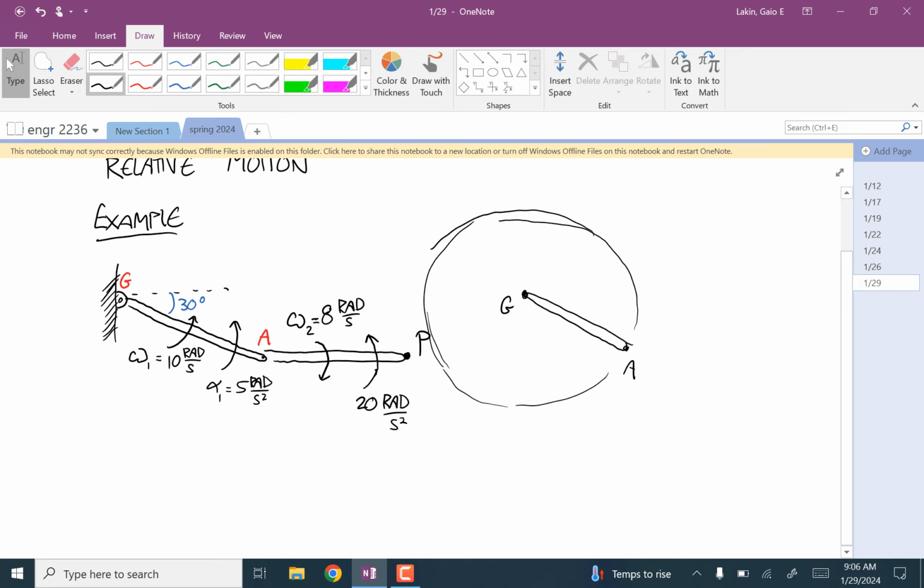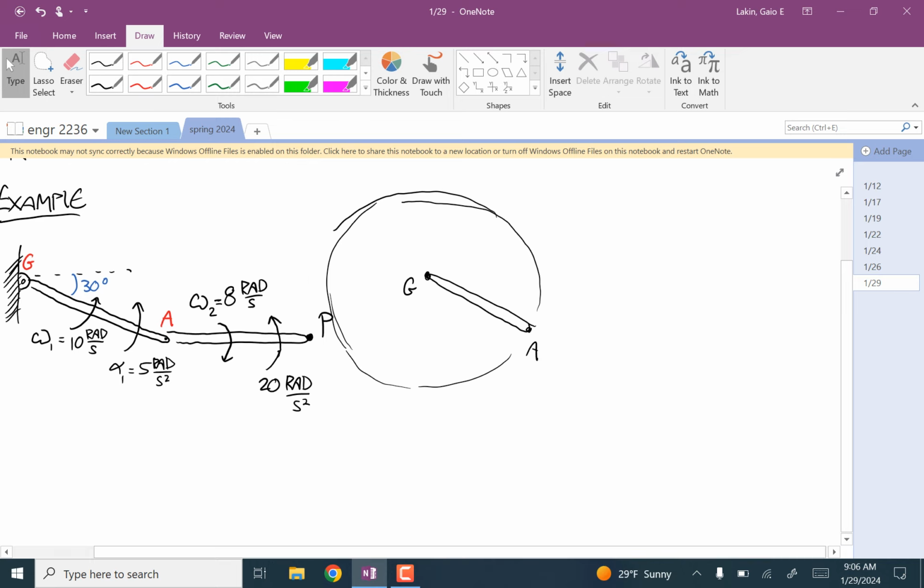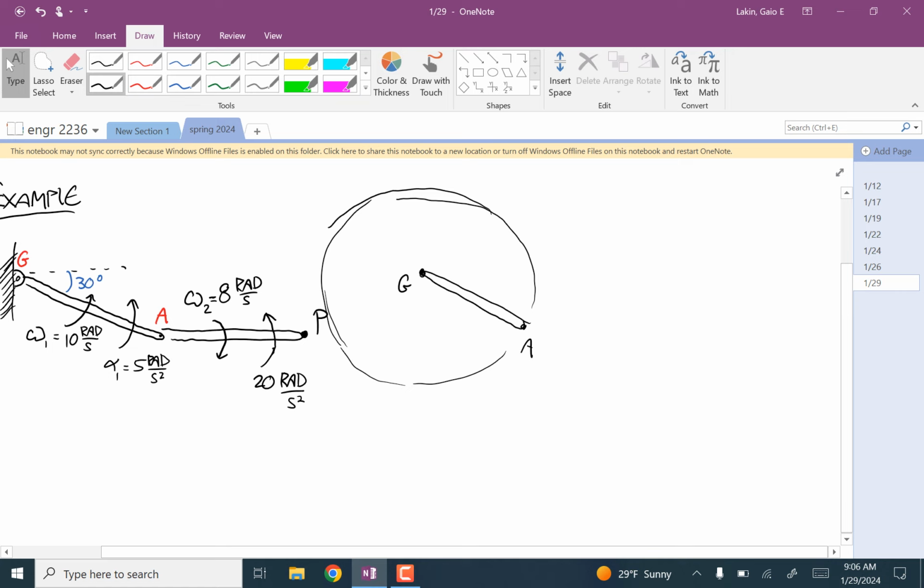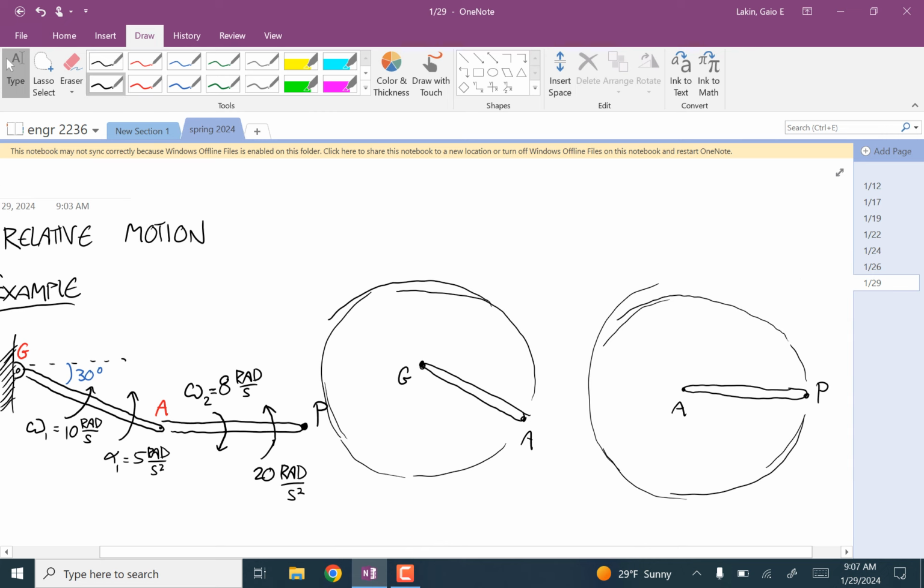Okay? And then you have this second circular motion, this point P moving around A. Okay, so you have these 2 circular motions.